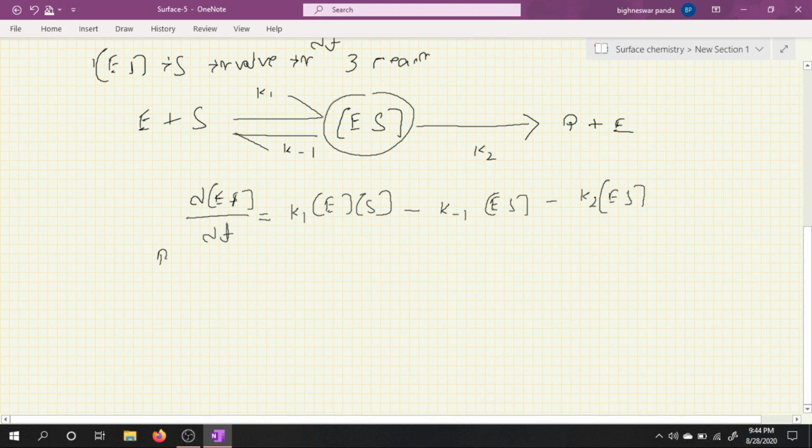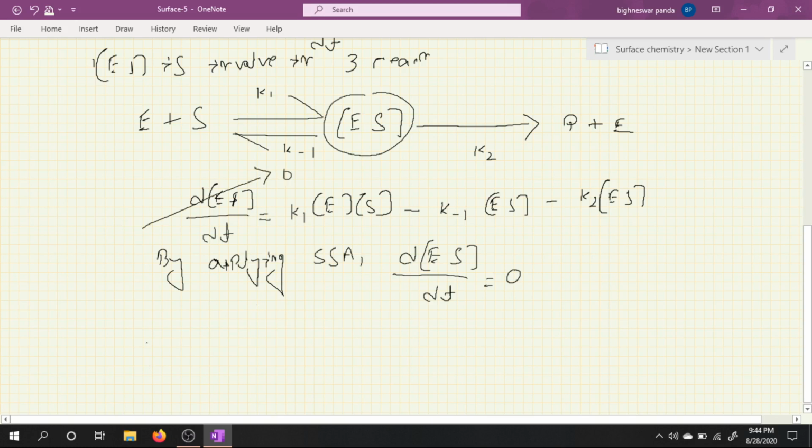So by applying the steady state approximation, I can write dES by dt equal to 0. So this will tend to 0.